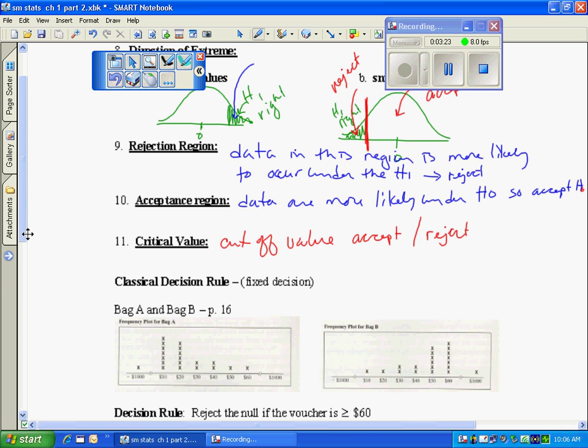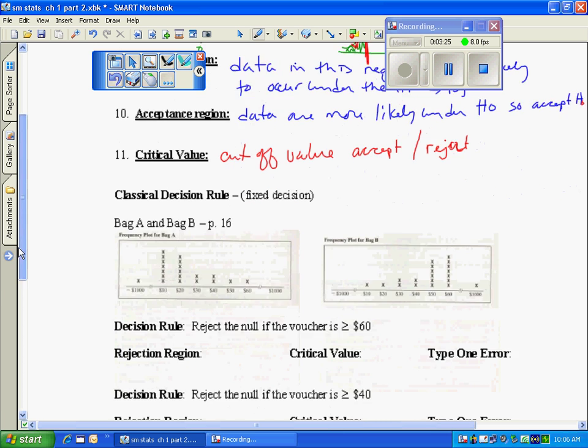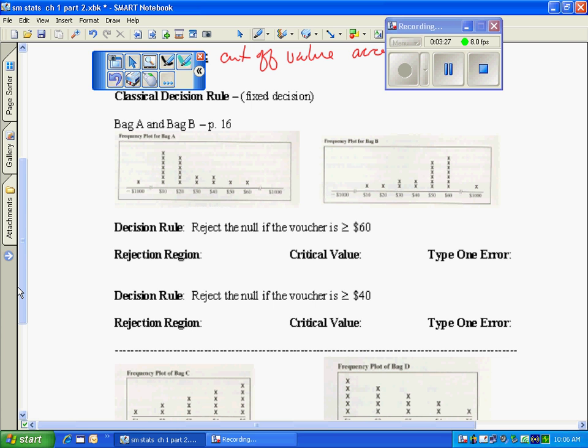So let's go ahead and look at a couple examples here. Here's bag A and bag B again, the same bags that we worked on earlier. The decision that we've made well in advance is if I grab out a $60 voucher, assuming that this is my null, that is when I am going to reject and say the bag I'm pulling from is not my null, it is my alternative.